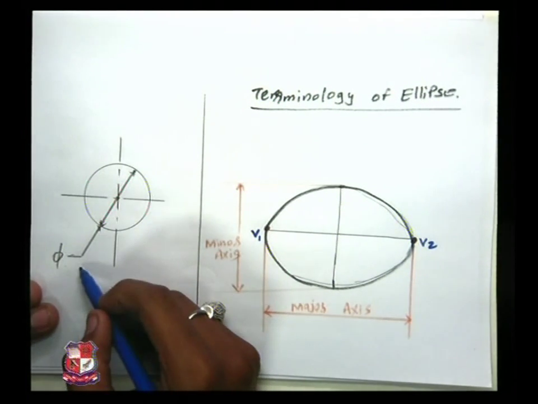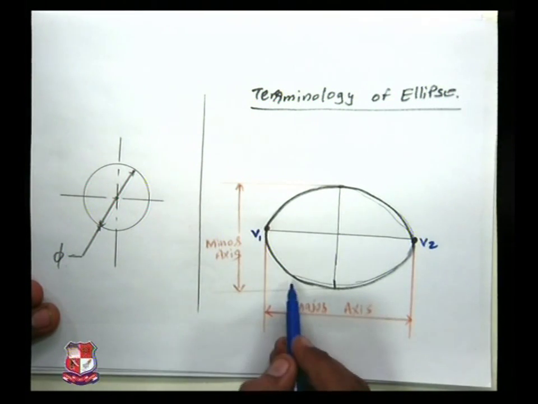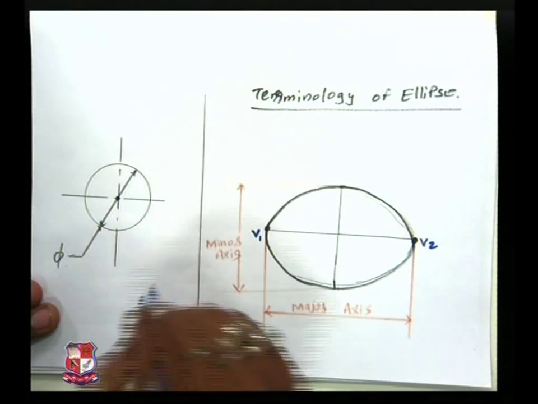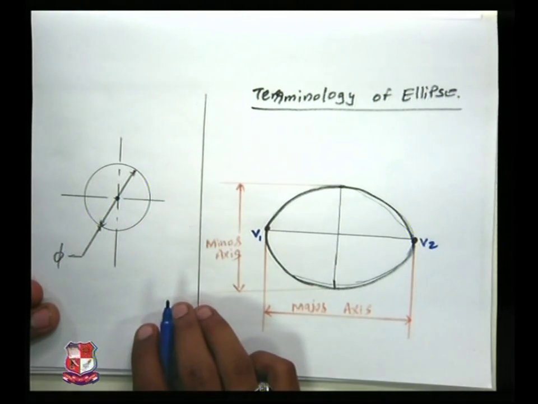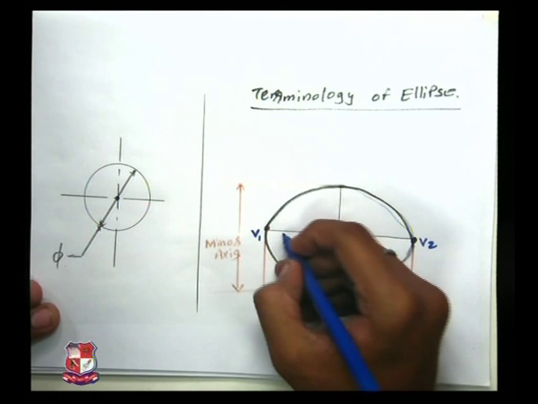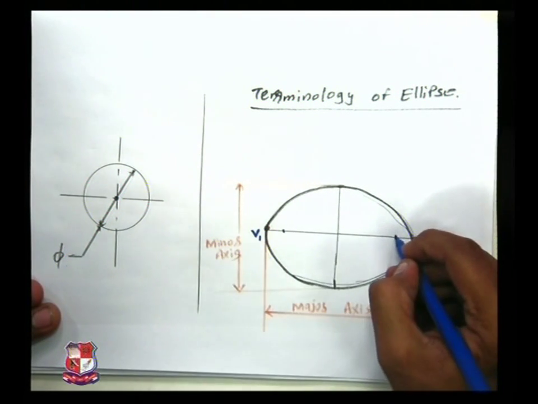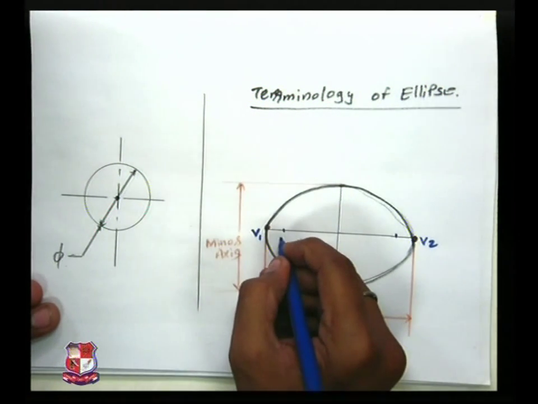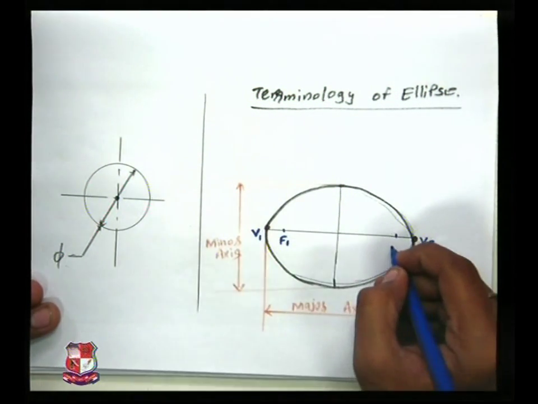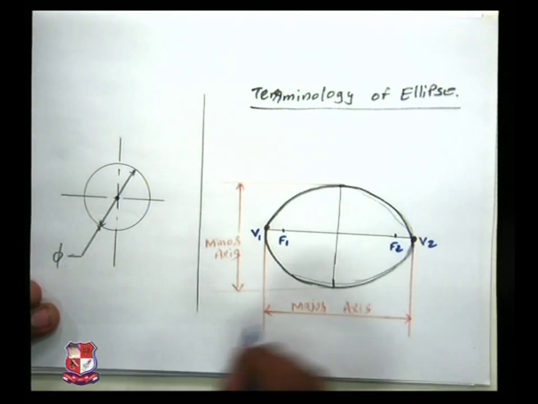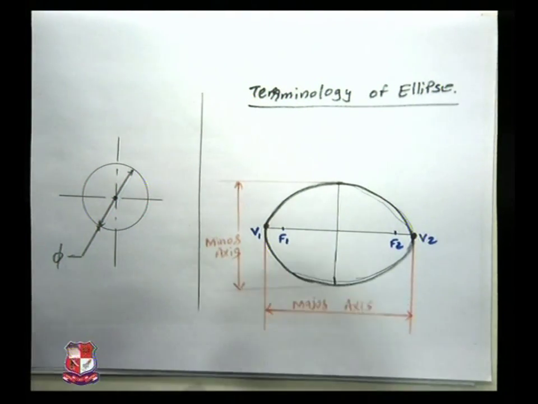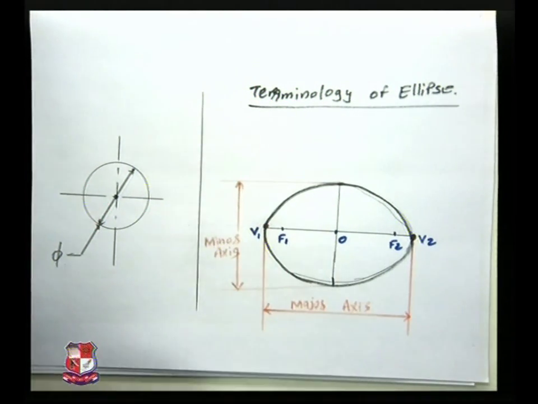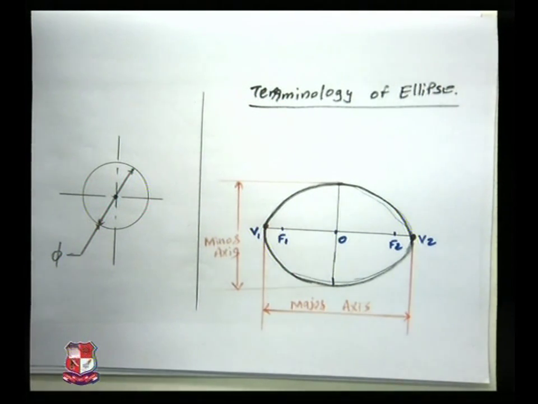The diameter is only one, here diameters are two. So there it revolves around one center itself. Here it will revolve around two centers. So the two centers would be like this. They are called F1 and F2. F1 is the focus point. This is the center of the ellipse where both these axes intersect.